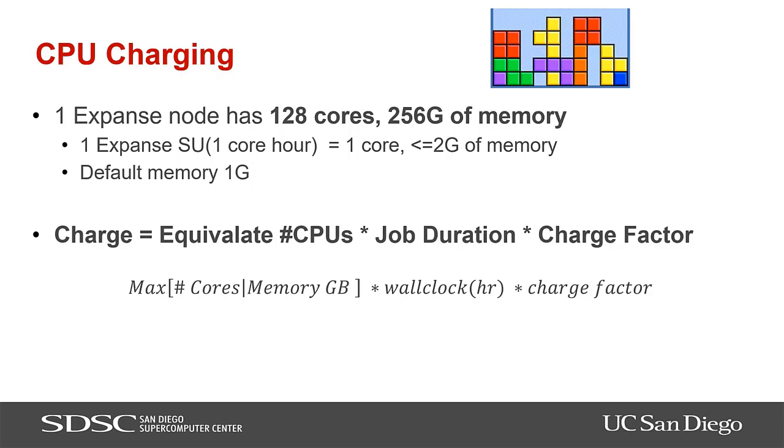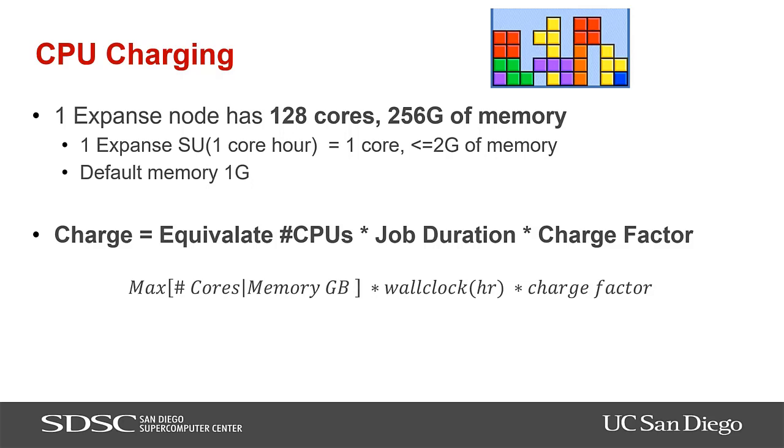So the charge here is fairly straightforward. It's the equivalent of CPUs. So the equivalent of CPUs is going to be the number of cores or the memory that those cores have. So if you request 1 core and 3 gigabytes of memory, the 3 gigabytes of memory is going to be more than worth 1 core, which means you pop into 2 cores.